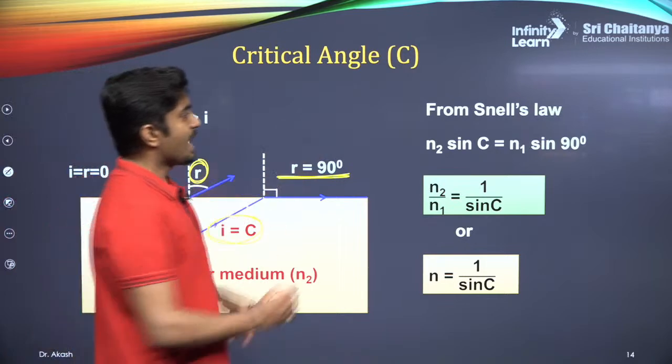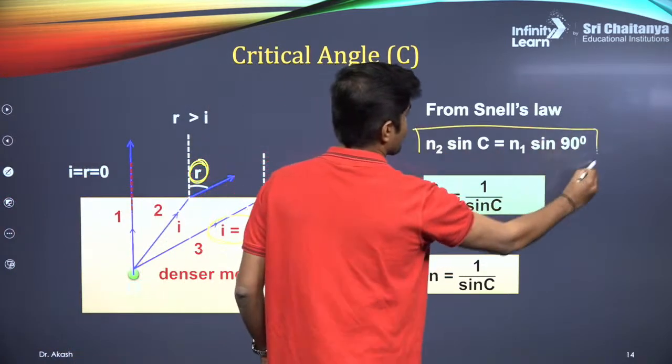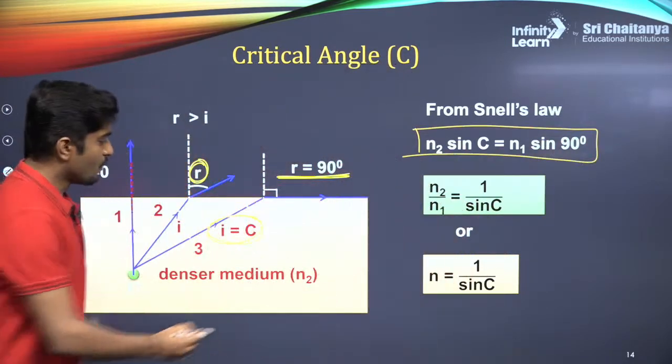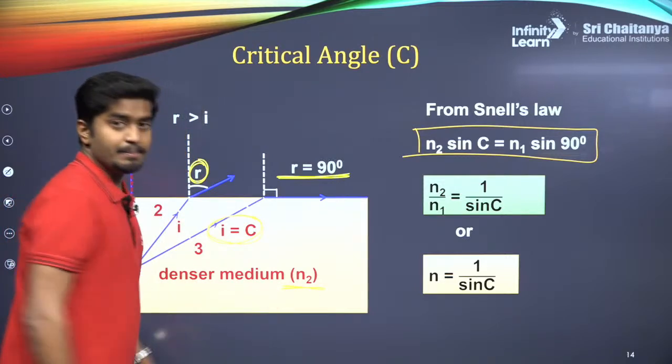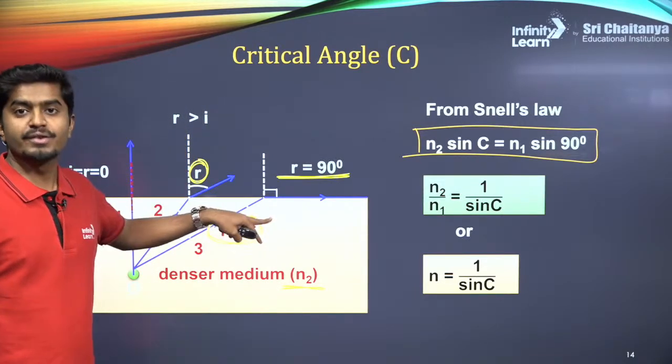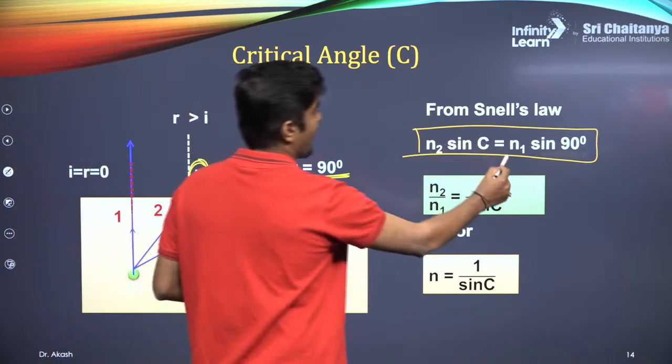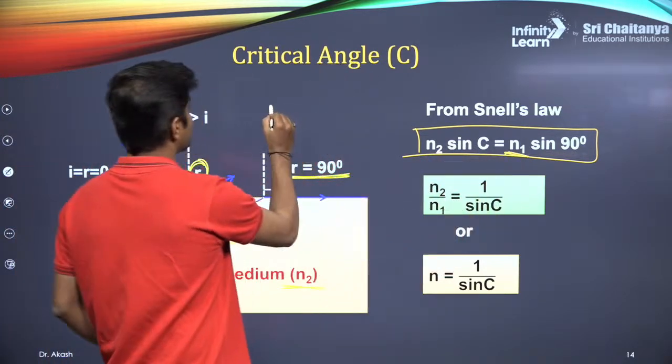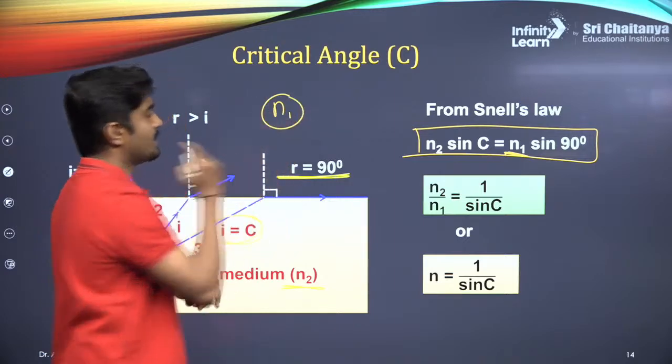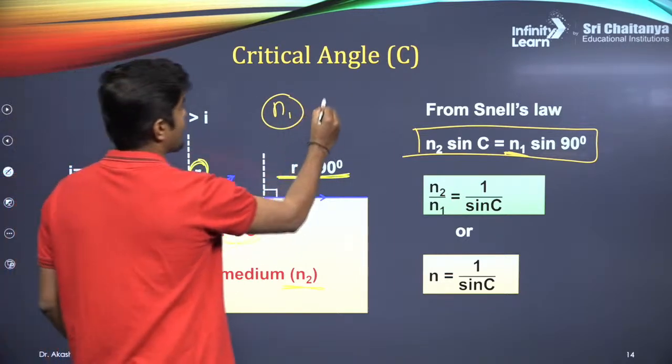For this case, I am writing Snell's law. So there is Snell's law: N2, which is the refractive index of this medium, multiplied by sine of critical angle, should be equal to N1, which is medium 1, our rarer medium.